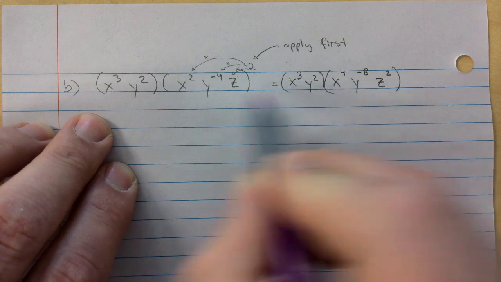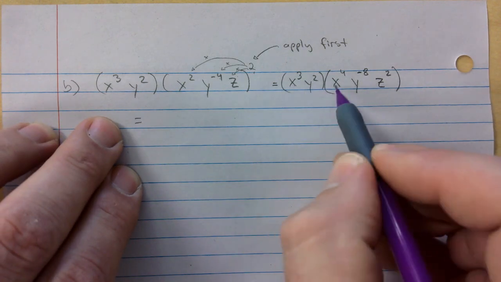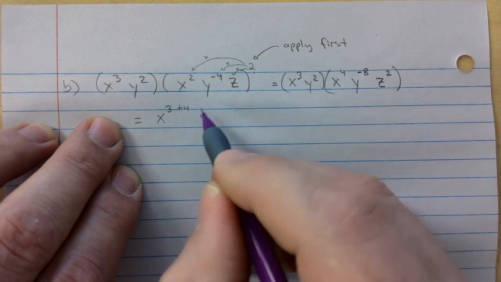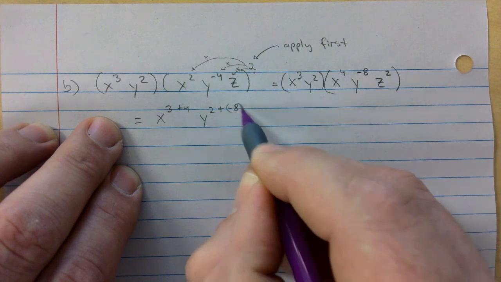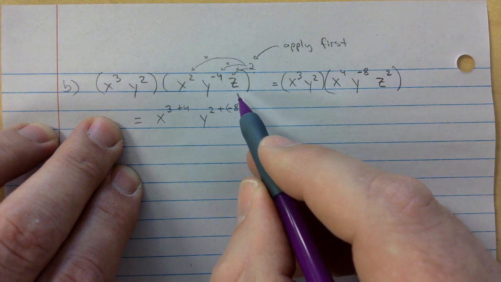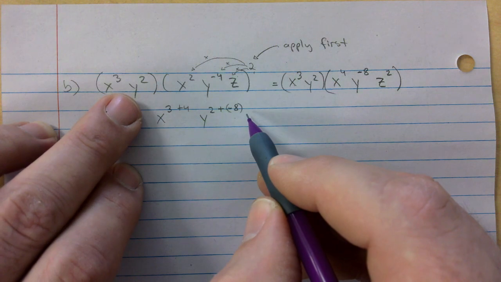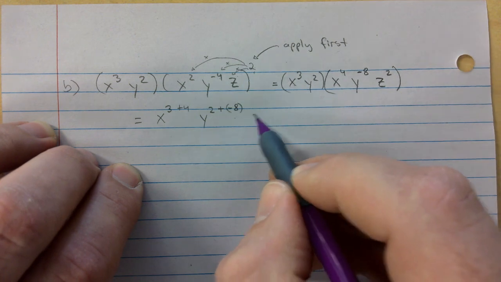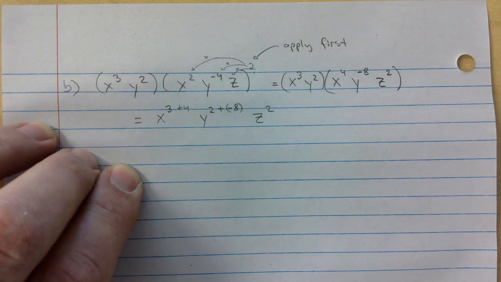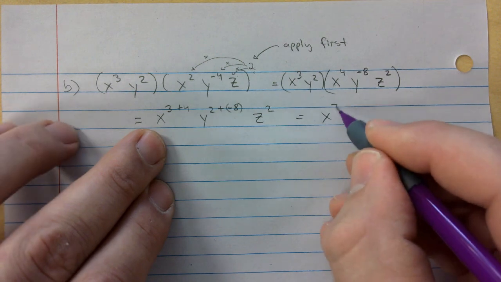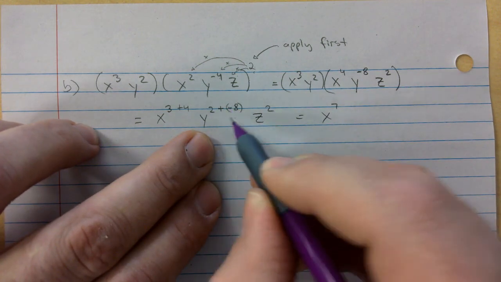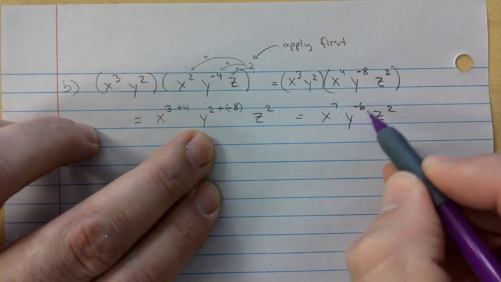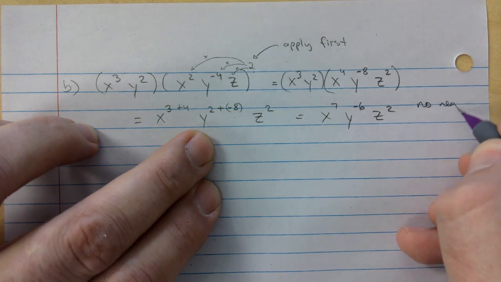And now you can cross multiply like that. Same bases. x to the 3 plus 4, y to the 2 plus negative 8, and there is no z in this one, so it's just z to the 2, like that. And that would be x to the 7, y to the negative 6, z squared. We don't want negative exponents.